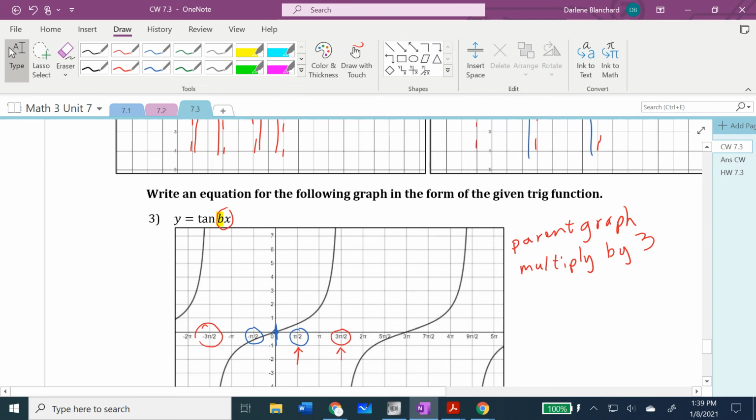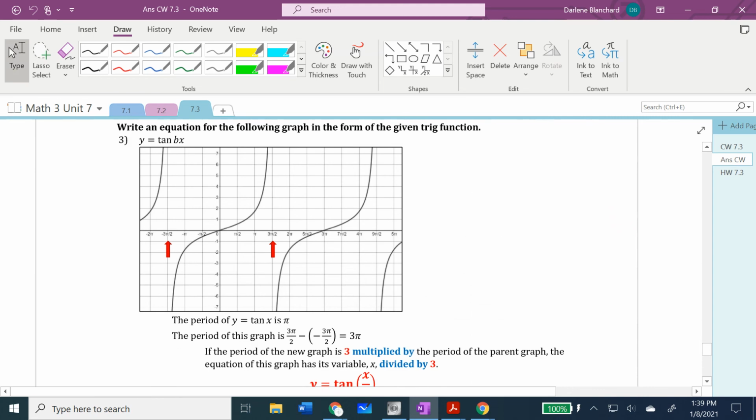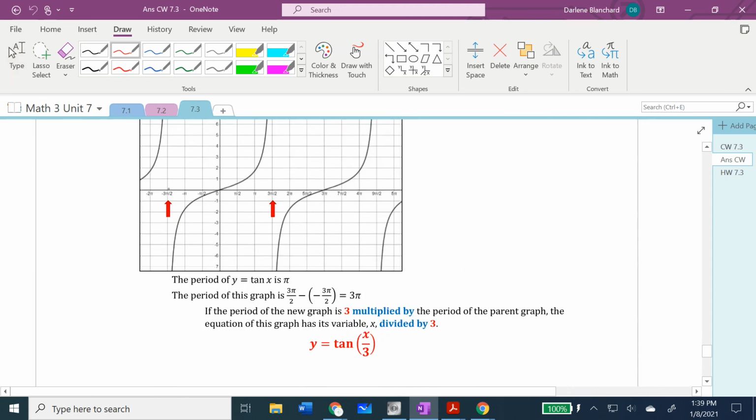But that's one way to look at it. Another way to look at it, I have in the answers. I'm showing that one cycle is created from negative 3 pi over 2 to positive 3 pi over 2. That makes the period of this tangent graph 3 pi.